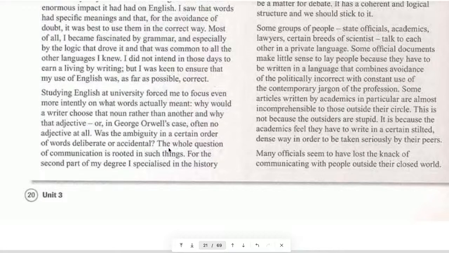The right sentence here is: the whole question of communication is rooted in such things. Such things here, what does that mean? What are you talking about? What are the things they are talking about here?